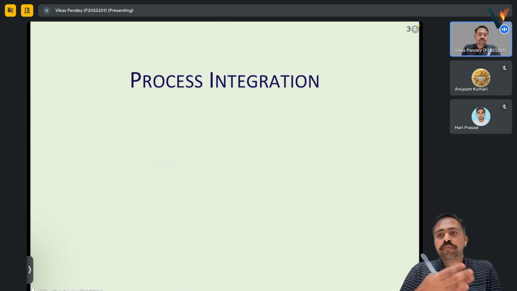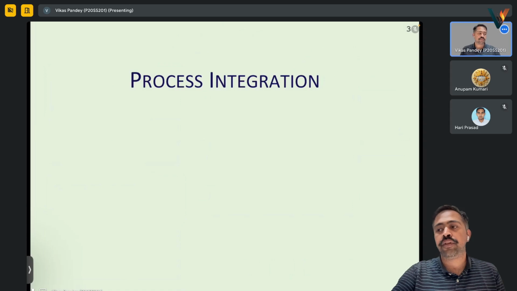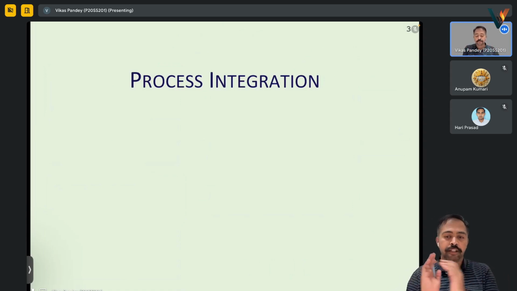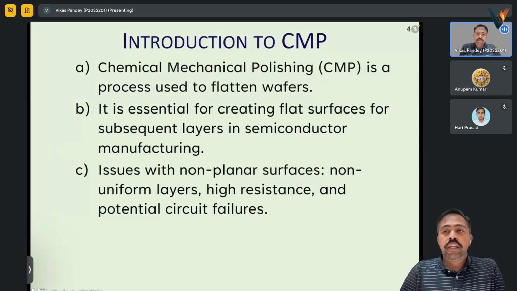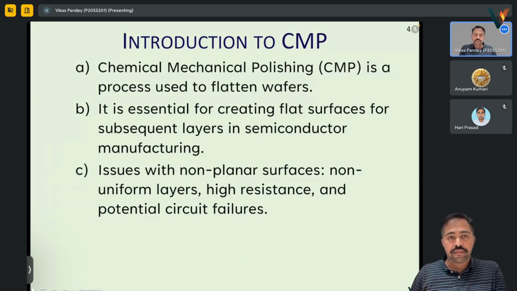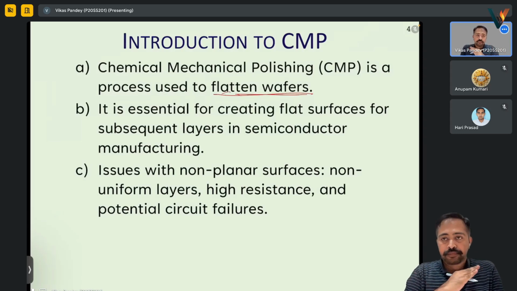So there must be some correlation, some understanding of how these processes will be linked together to get our desired output and increase our performance as well as the quality and yield. Okay, so one thing that comes in this is chemical mechanical polishing, and this is used to flatten wafers after they are processed.